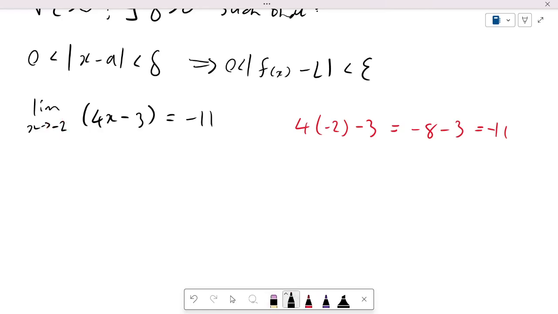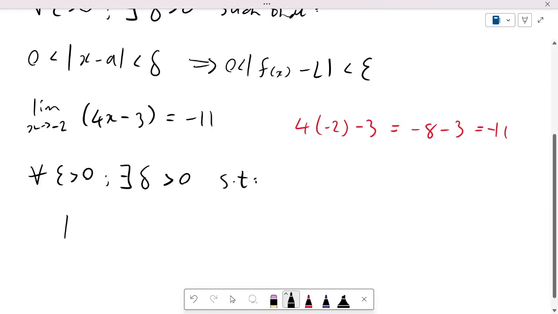Now we're going to state: for every value of epsilon greater than 0, there exists a delta also greater than 0, such that, I'm just going to write s.t., such that the absolute value of x minus, where x approaches, which is negative 2, so we write that in the bracket there, is between 0 and delta.